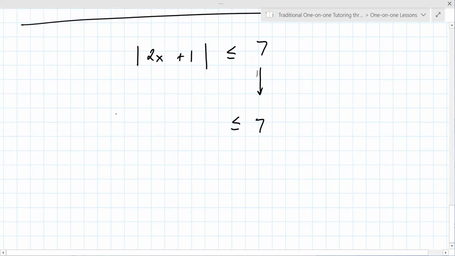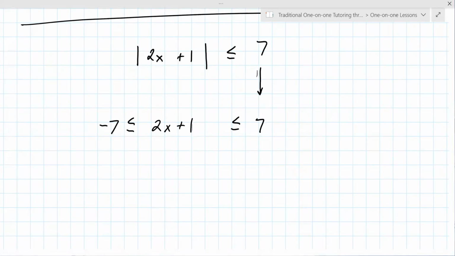You put it over here, -7. And then 2x plus 1 in the middle part. Now 2x plus 1 is 2x, and then divide both of those by 2. No, you have to undo addition first.